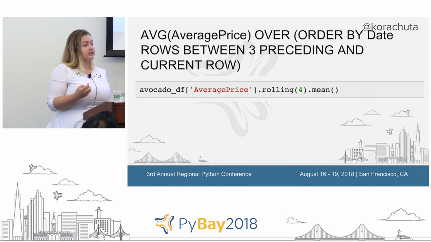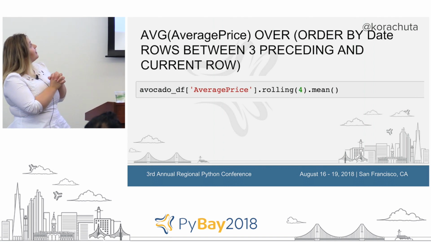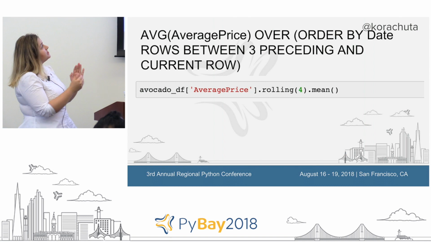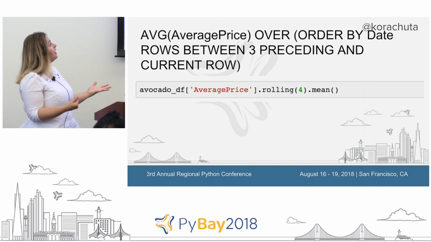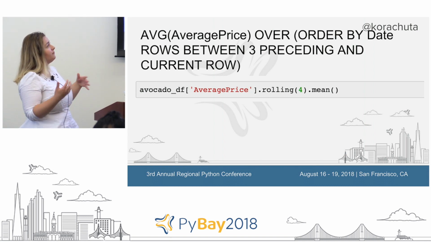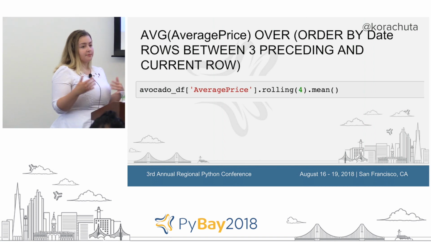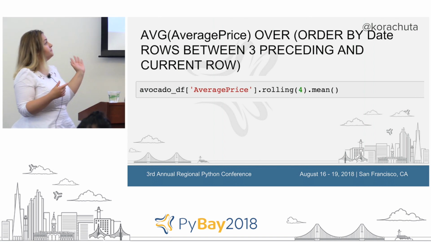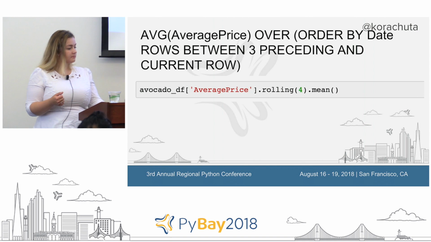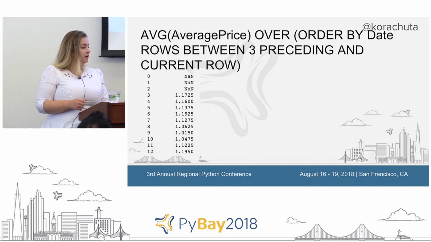And it's actually very easy to do in Pandas, which is avocado.df, and then I pass the average price column because that's the one I care about. Then I add rolling 4. So that means that I'm looking at the rolling 4 weeks, and then I put mean at the end. And running this will output this.